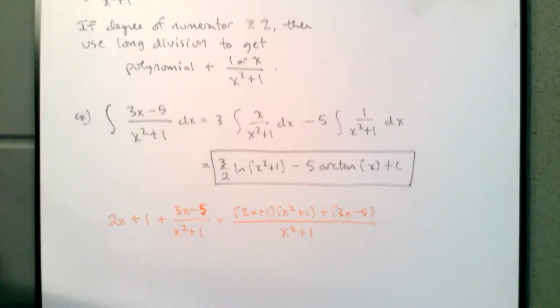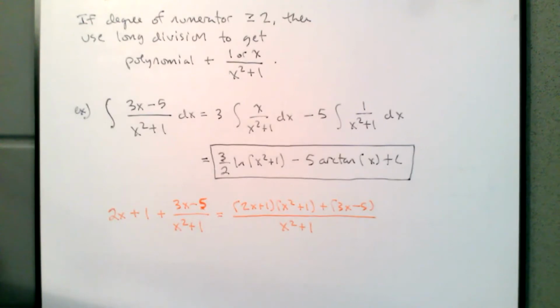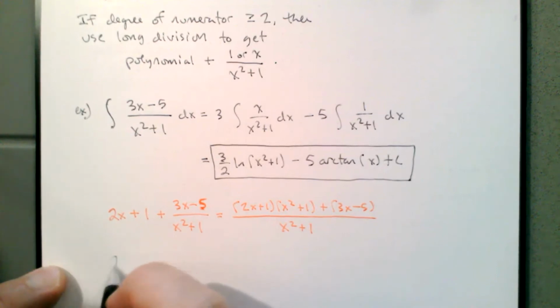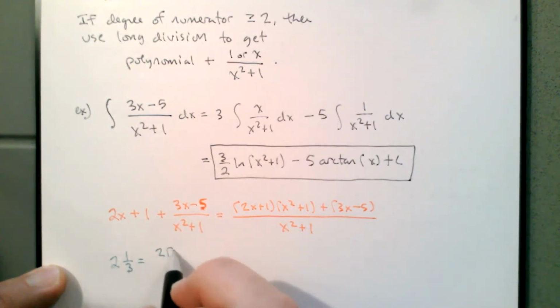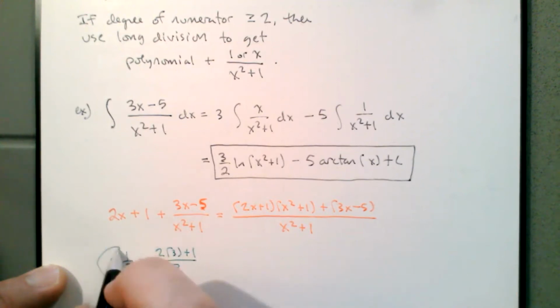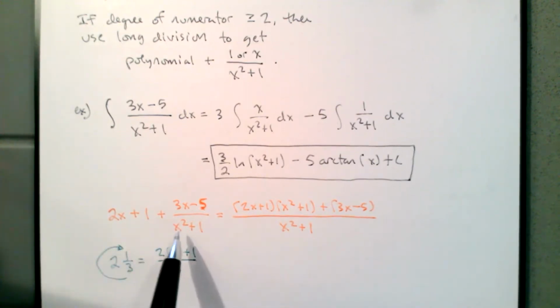Now this looks like I'm doing something weird and foreign in algebra, depending on how deep your algebra class went. But this is the same thing we do if we want to take a mixed number and write it as an improper fraction. If I have the mixed number 2 and 1/3, I get an improper fraction by taking 2 times 3 plus 1 all over 3. Just kind of go around this way. And that's the exact same thing we did over here.